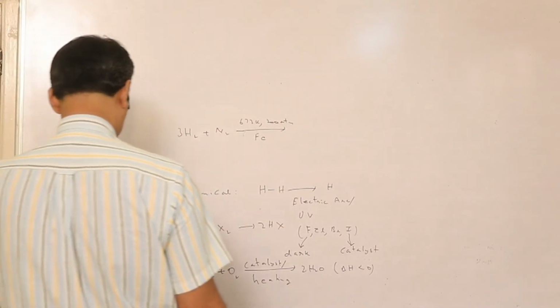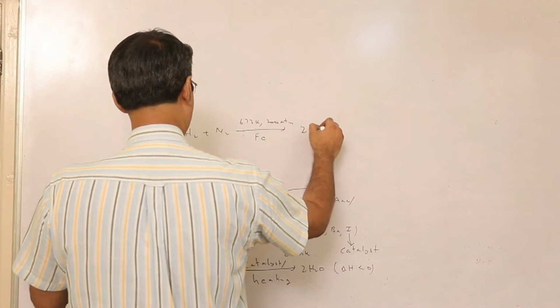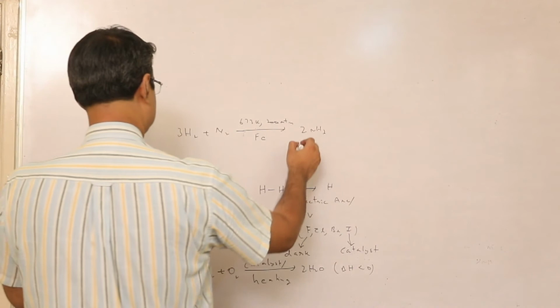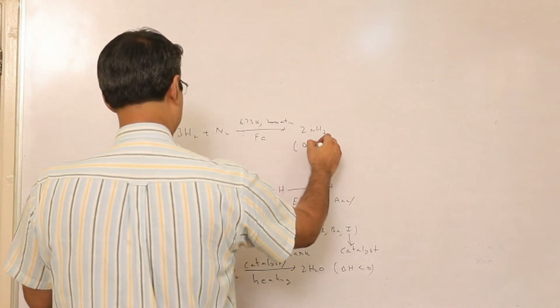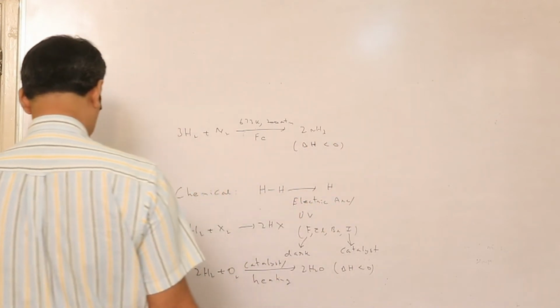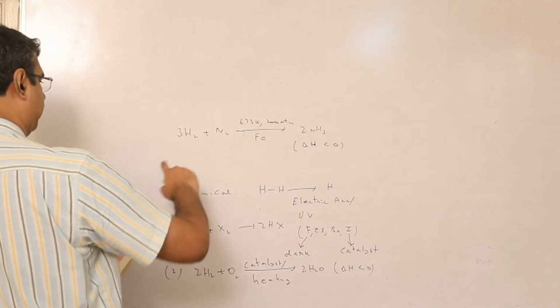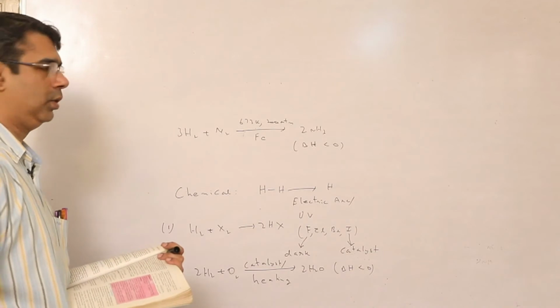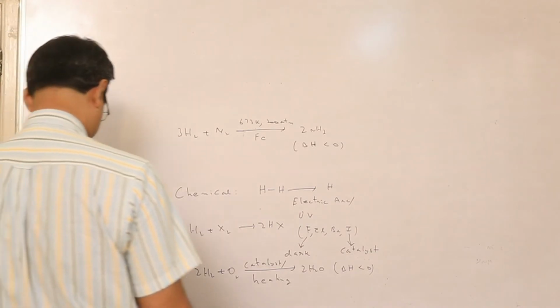Reaction with nitrogen gives ammonia. So H2 plus N2 gives ammonia. This is also a highly exothermic reaction, and in fact this method is the method for manufacture of ammonia by Haber's process.